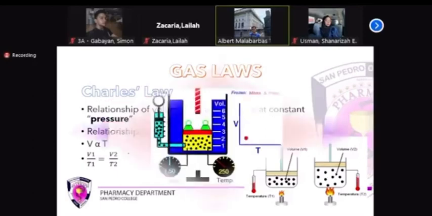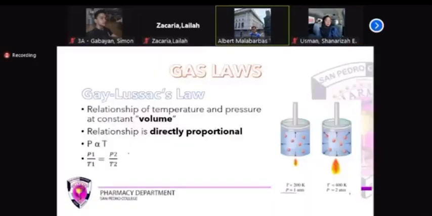Okay, next. After Charles' law, we have your Gay-Lussac's law. For Gay-Lussac's law, I remember the mnemonic Gary V. Under Gay-Lussac's law, the constant parameter here is your volume. It expresses the relationship between temperature and pressure at constant volume.